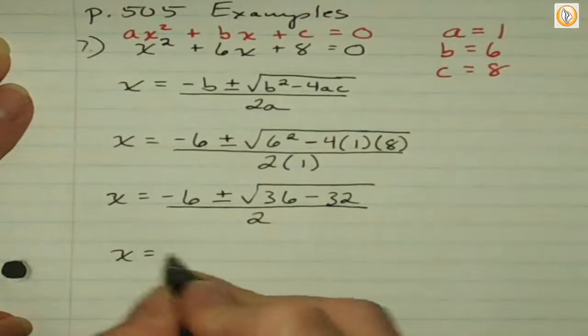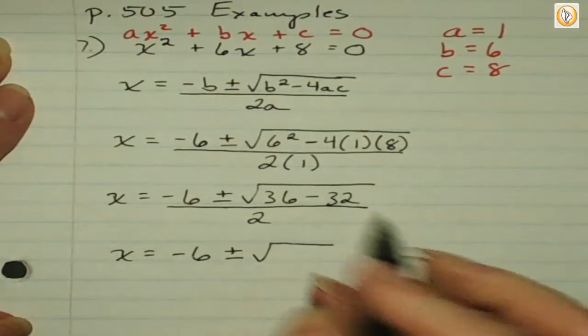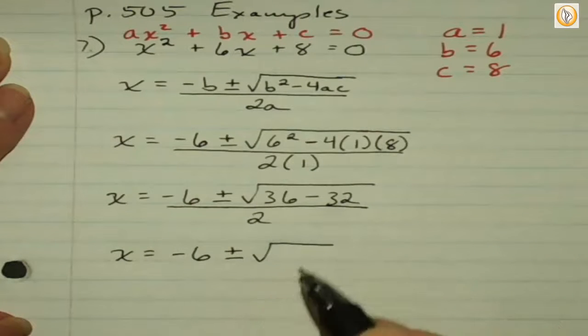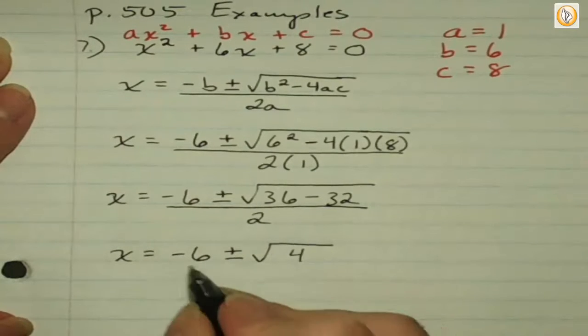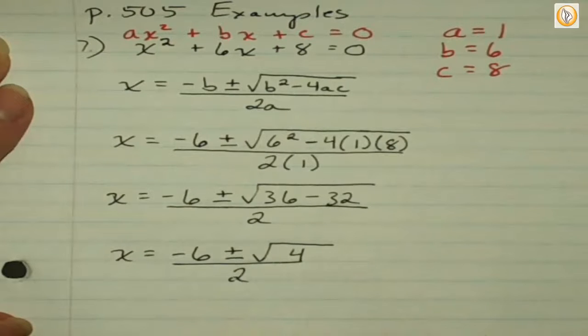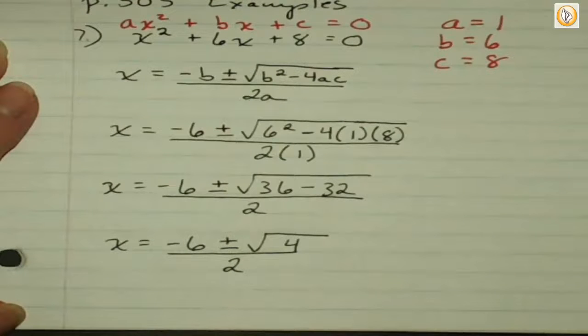All right. Negative 6 plus or minus the square root. What is 36 minus 32, Whit? 4. Over 2. Any questions so far? None.